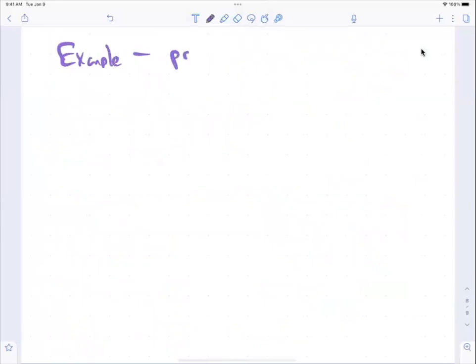Find a primitive root mod 9. Well, we'd start by taking 2 as a primitive root mod 3.